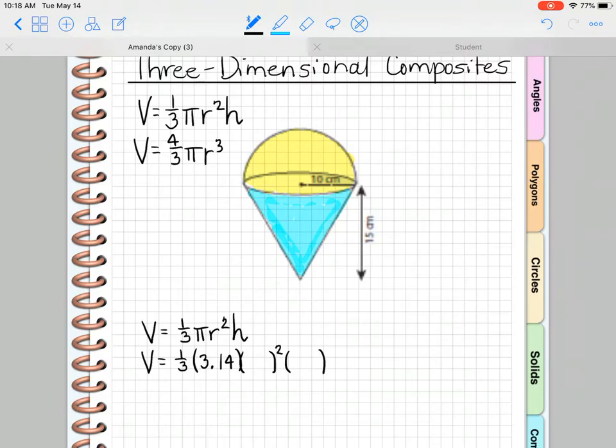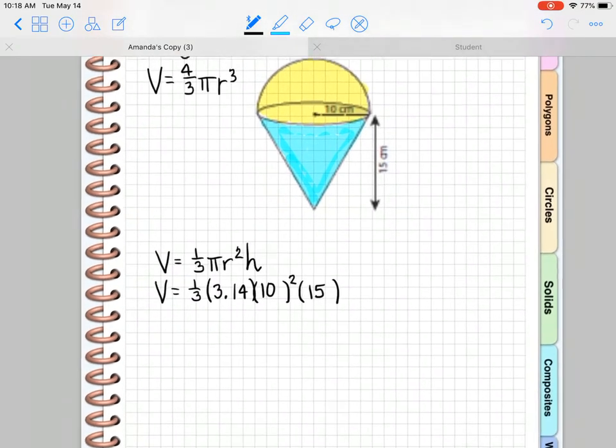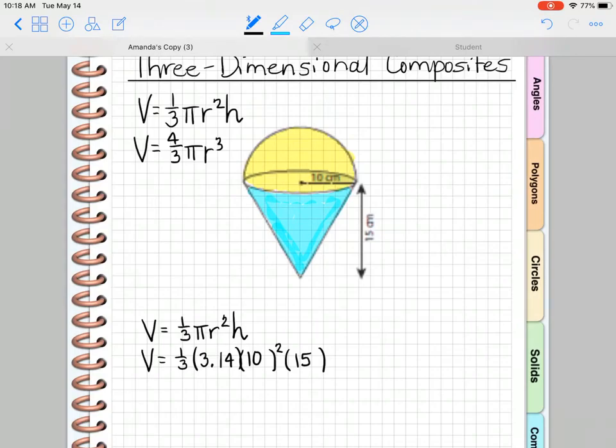The radius of this cone is 10 centimeters, and the height is 15 centimeters. So again, if you are very good with your calculator, you can go ahead and type this in. I would simplify it one more step because this is a place where errors can occur. So 10 to the second power is 100.